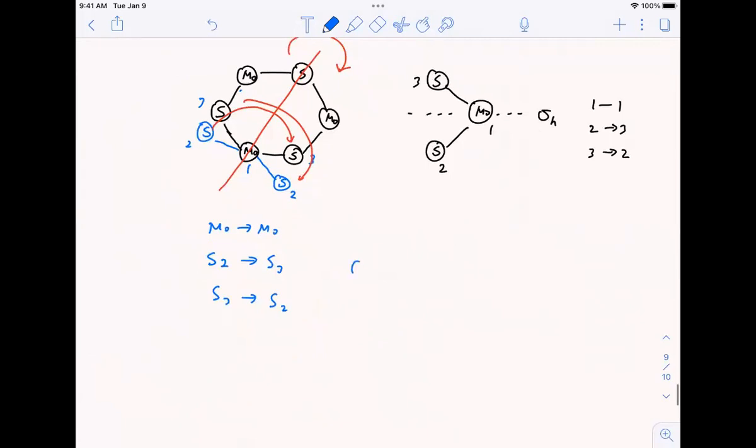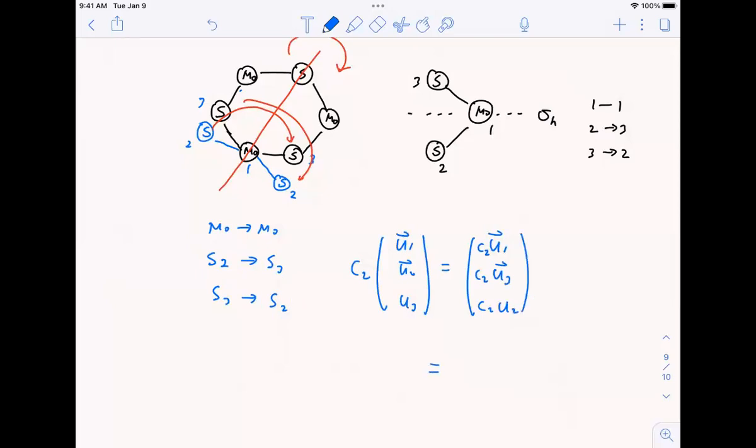C2. When you do the C2 operation on U1, U2, U3, you are going to exchange: Mo is U1, you have a C2, then this will become U3, and this will become U2.